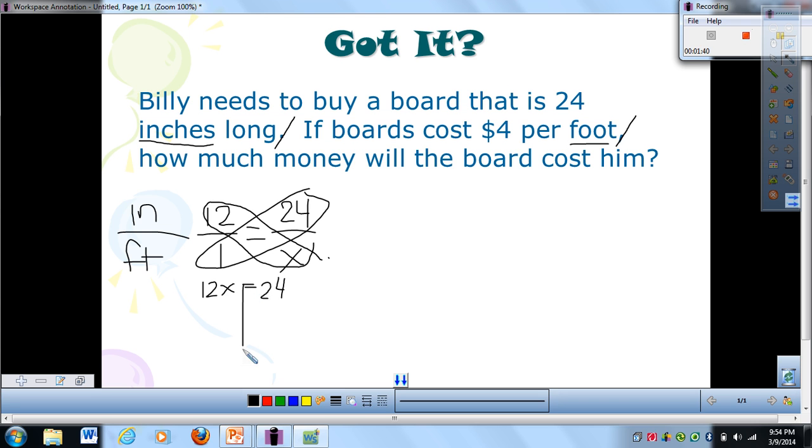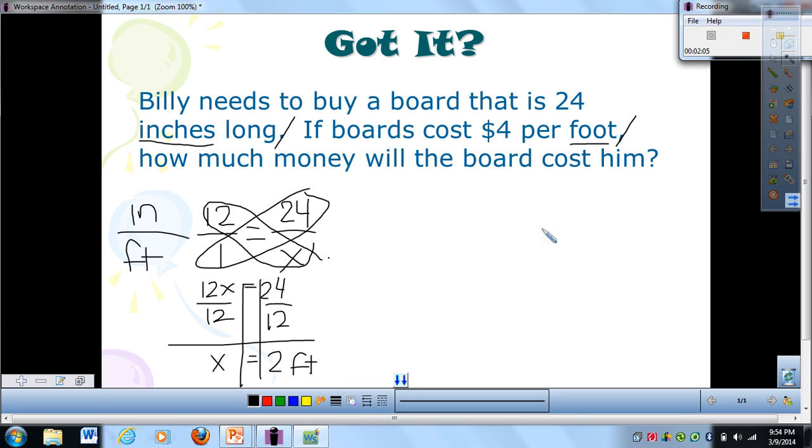To find the value of x, I'm going to use the inverse operation of multiplication, which is to divide both sides by 12, leaving me with x equals 2. So we know that we're going to need 2 feet of board.